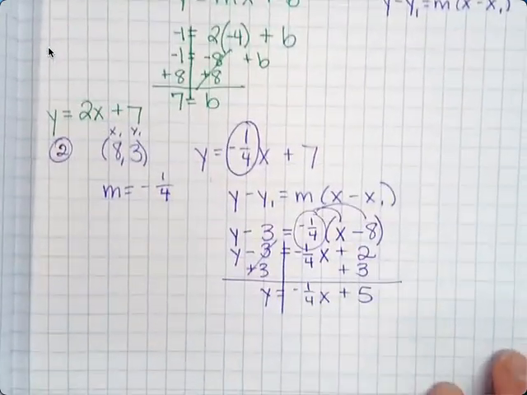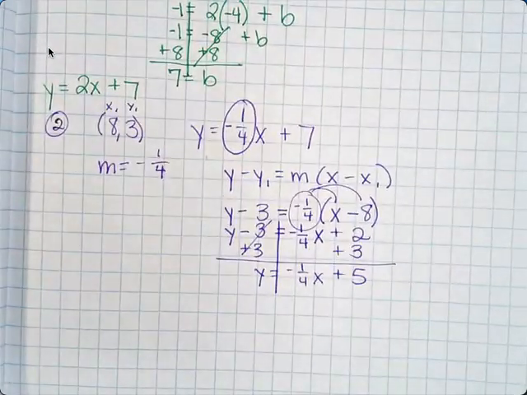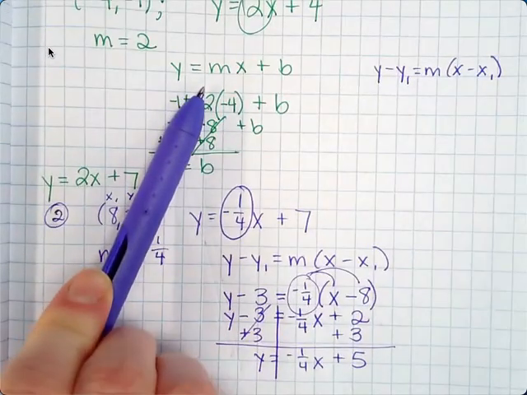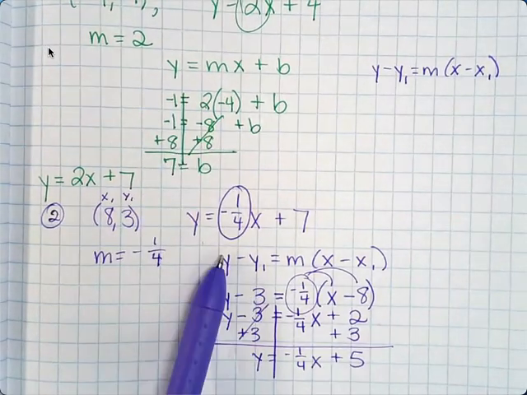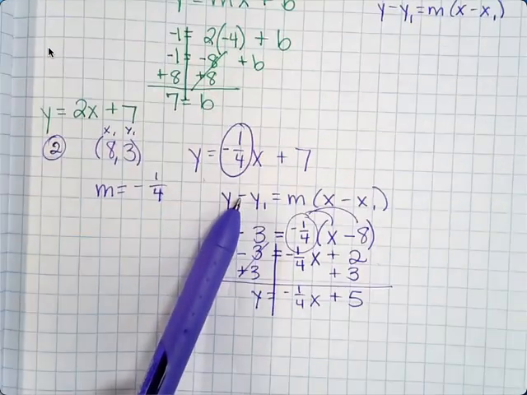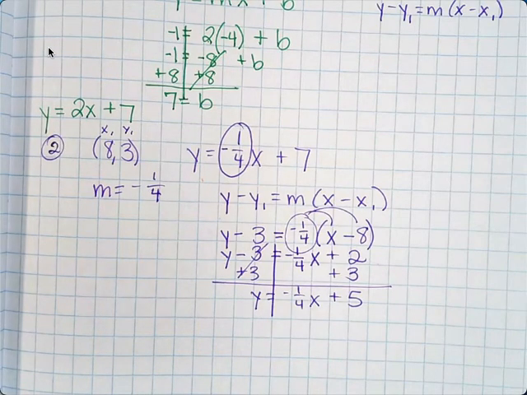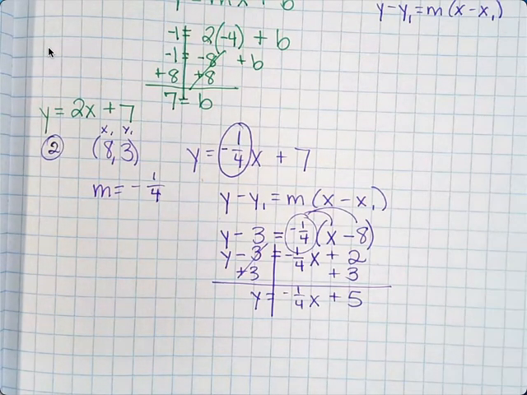Okay, so look at both ways. Which one do you like better? The second one. Okay, who likes the y equals mx plus b? Raise your hand. Okay. Who likes the y minus y1? Raise your hand. Okay. So you can do it that way, perfectly fine. Let's check it in the calculator now.